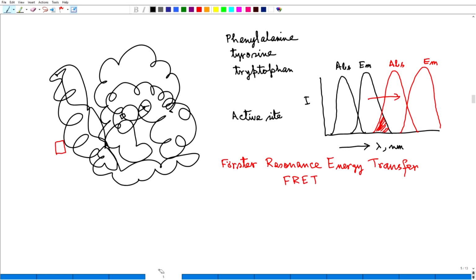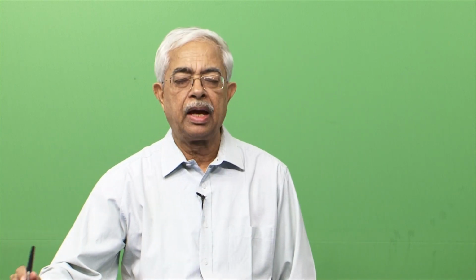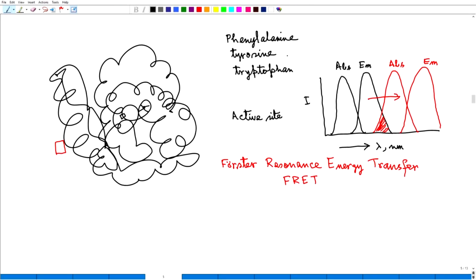As I told you, now I go back to this one. In this case there is an active site, and near the active site there is a fluorophore, because natural proteins will have any of three fluorophoric amino acids: phenylalanine, tyrosine and tryptophan.